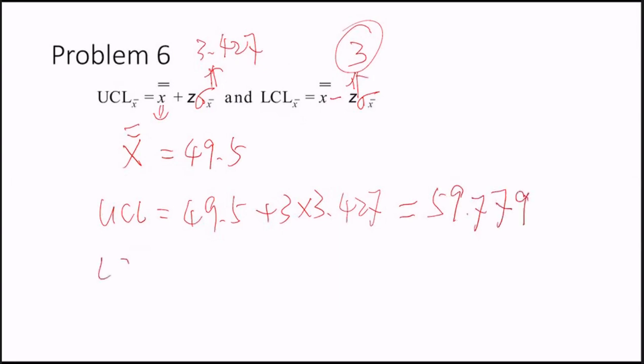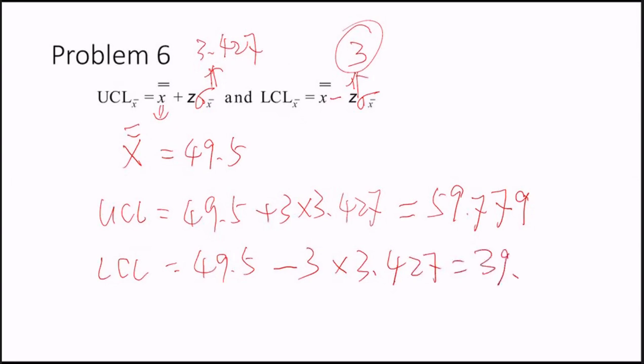And for the lower control limit, it equals 49.5 minus z, which is 3, times 3.427. It equals 39.220. So this is how to obtain the upper limit and the lower limit.